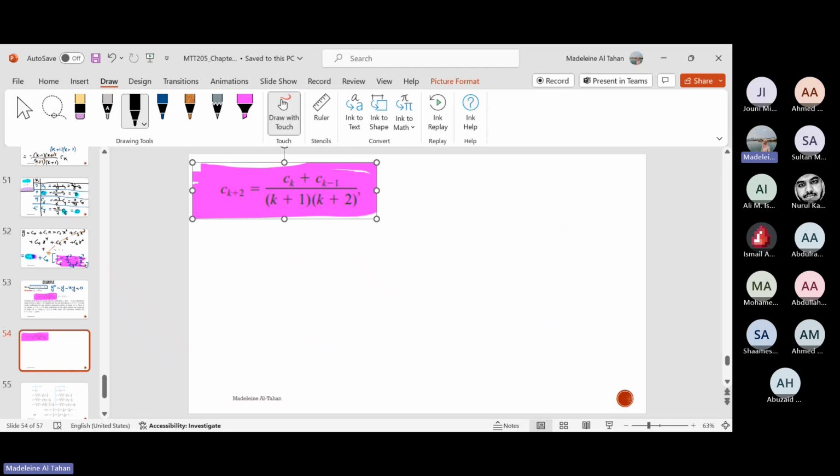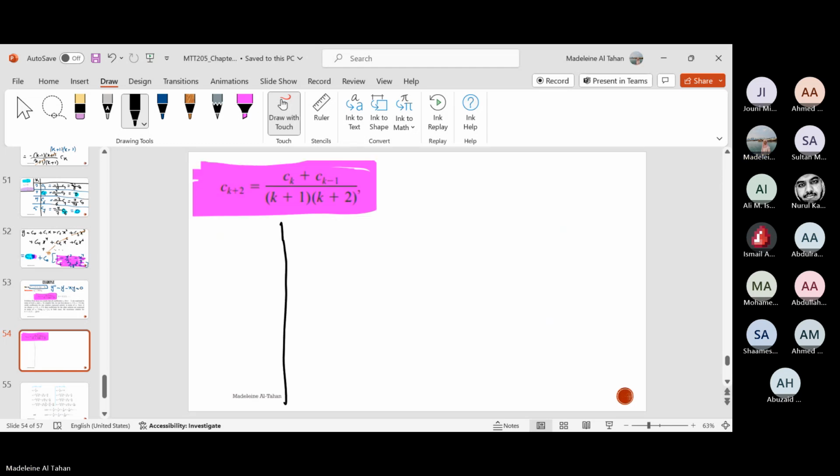So look at the table when we fill it, miss. At k equal 0, what will we get? C2 equal, we cannot take k equal 0, miss, here. At k equal 1, what will we get?